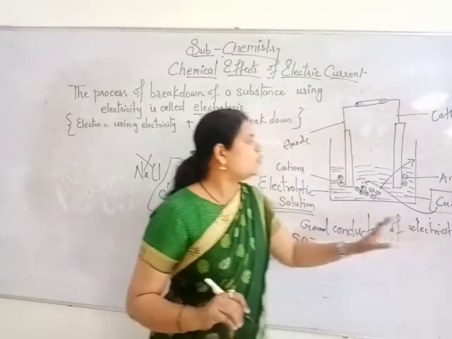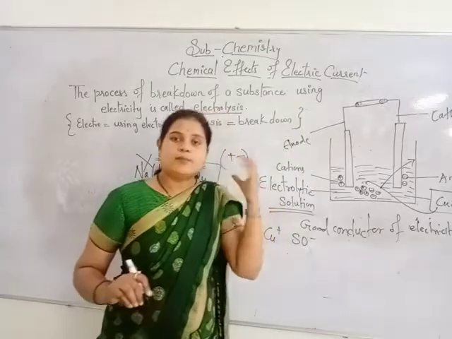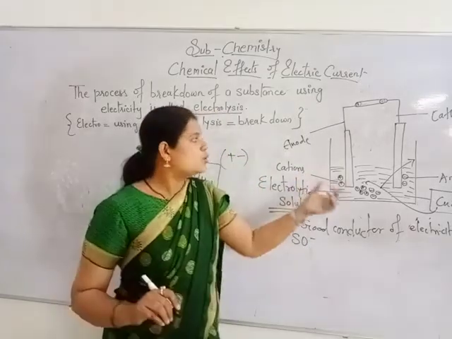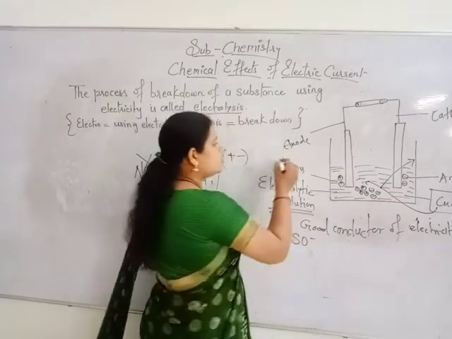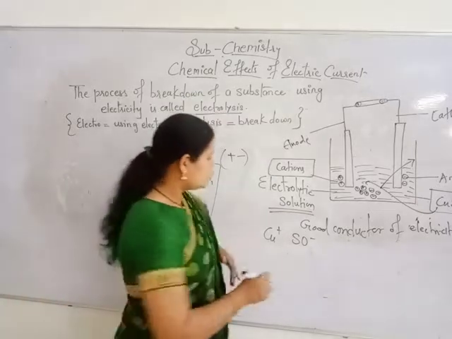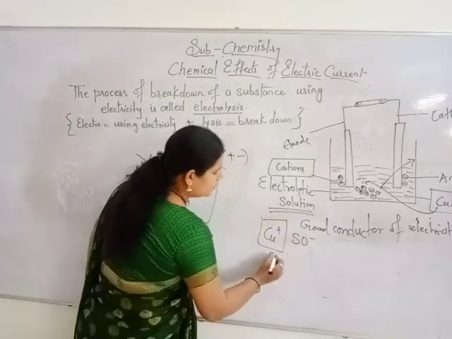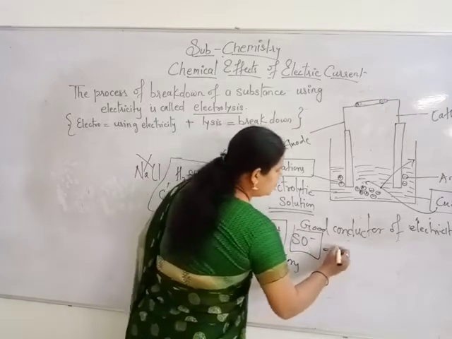And SO4 will be deposited towards the anode as it is connected with the positive terminal. So Cu plus are cations and SO4 negative are anions.